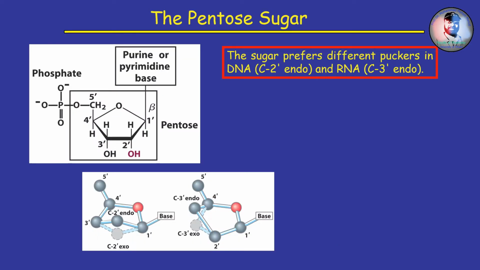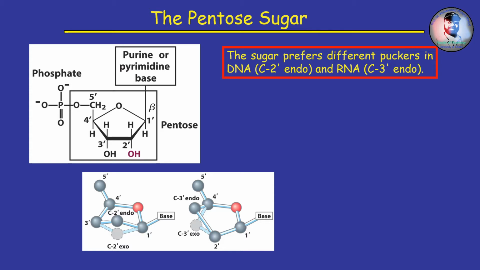There is a difference in sugar pucker of ribose and deoxyribose as a part of nucleotide in RNA and DNA respectively. The term sugar pucker refers to the conformation of the ribose or deoxyribose.